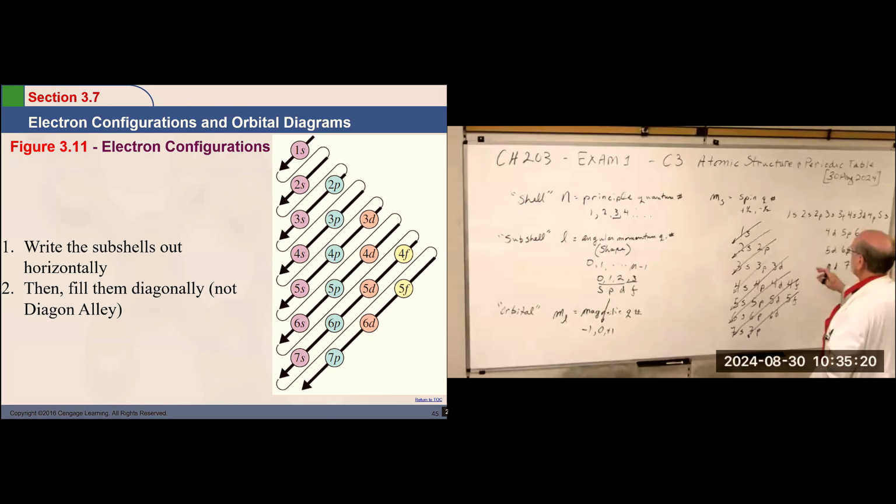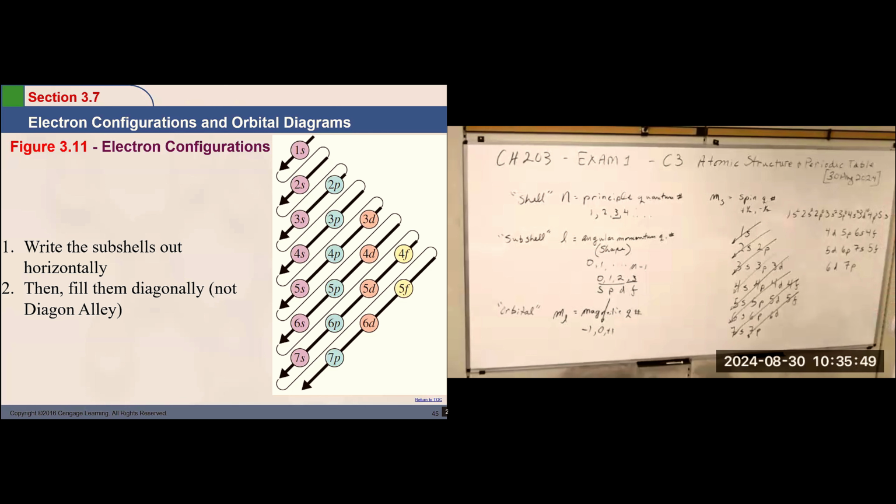So if we filled all of this one up, right? S's can only have 2 electrons. 2, 2. How many can P's have? 3 times 2 is 6. Then we got 2 again, then 6, then 2. The D's can have 10. This is maximum, right? So we keep filling, and we get to this point, and now we only have maybe 3 electrons, and that's where we would stop.